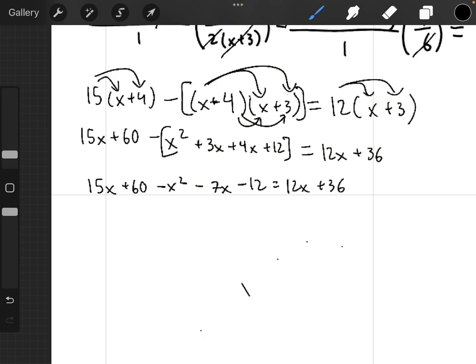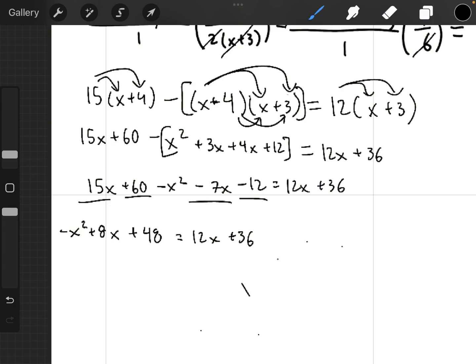Now we can combine these like terms, so 15 and negative 7 will get 8x, 60 and negative 12 will be 48, and this negative x squared at the top equals 12x plus 36.